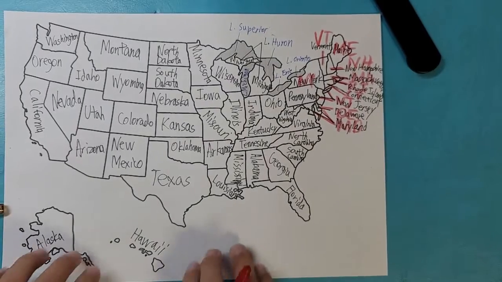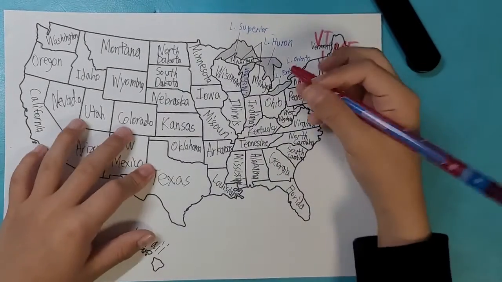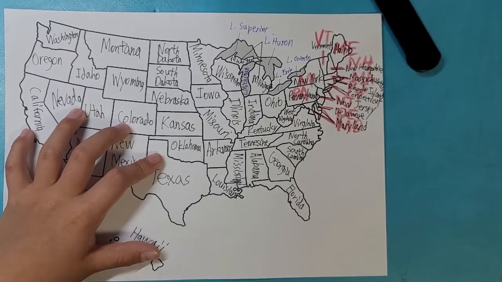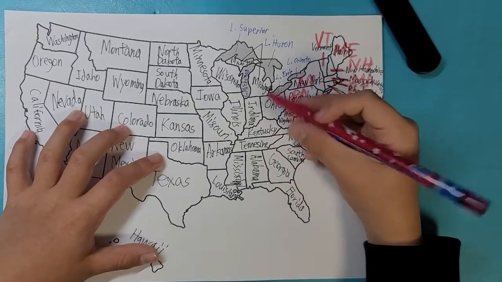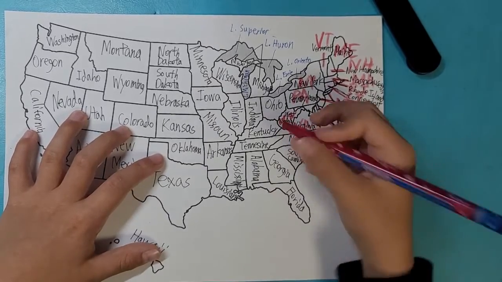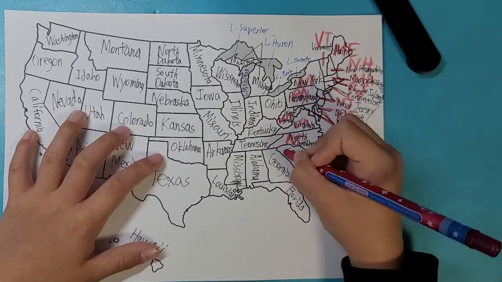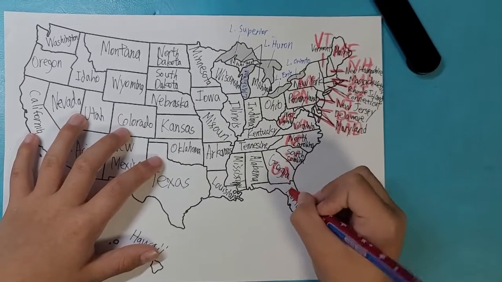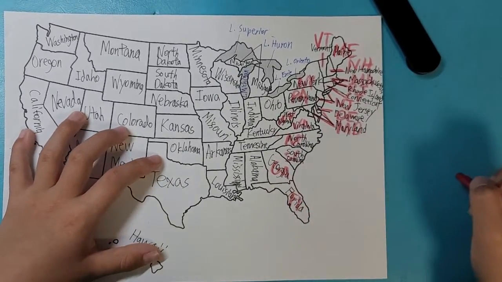And PA is Pennsylvania. Then there's West Virginia, WV, and Virginia, VA. North Carolina is NC, South Carolina is SC, Georgia's GA, and Florida's FL.